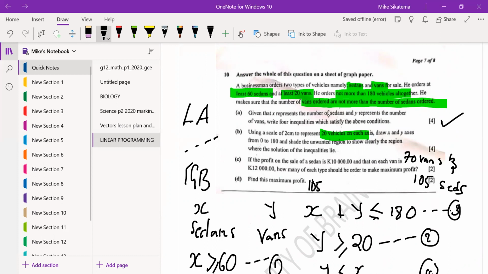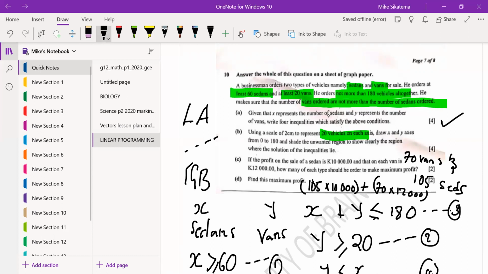So 105 multiplied by 10,000 plus the maximum number of vans, which is 70, times 12,000 kwacha. That will make a lot of money.